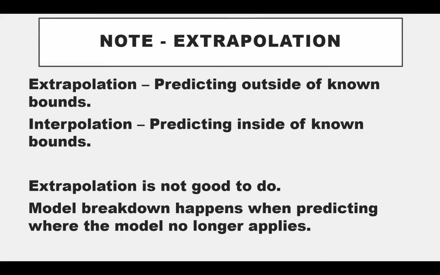And there's famous examples of where extrapolation has gone bad. One well-known famous example is a guy named Thomas Malthus, who predicted that the world was going to run out of food to feed the growing population. And well, long story short, his models broke down because he was predicting way outside of his known bounds.